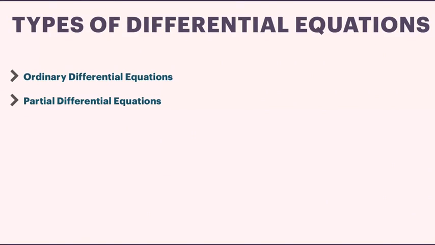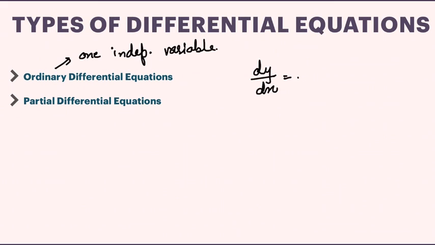There are two types of differential equations: ordinary differential equations and partial differential equations. Ordinary differential equations are the ones which have only one independent variable. For example, dy by dx is equal to sine x, where x is the independent variable and y is the dependent variable.